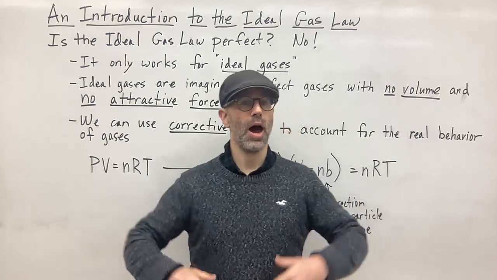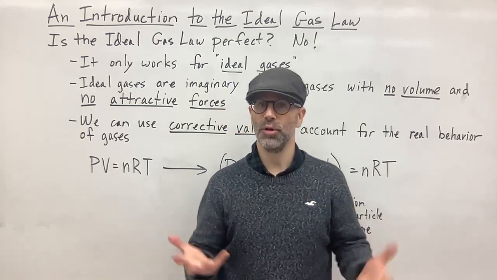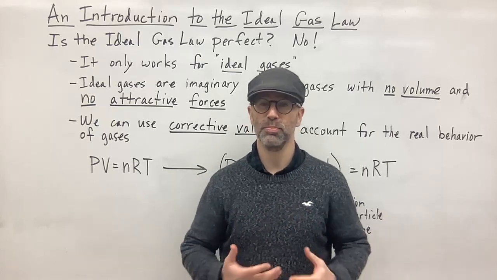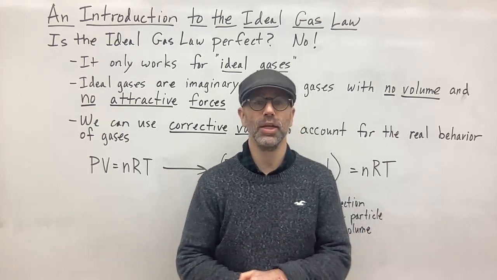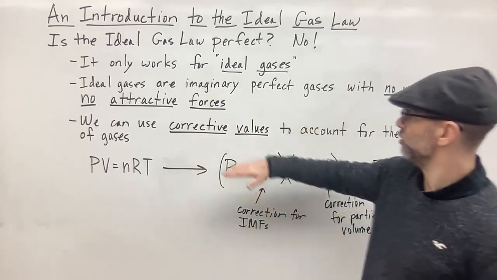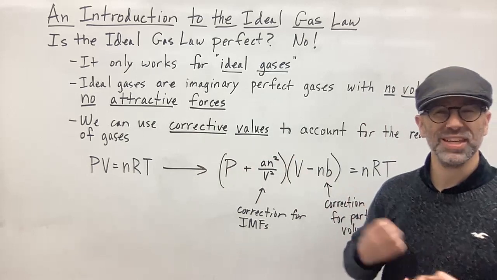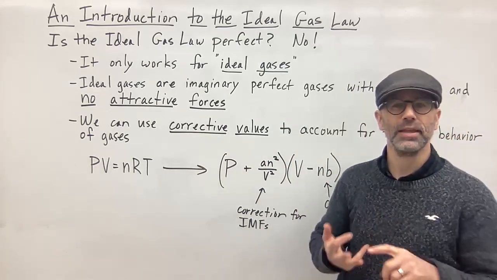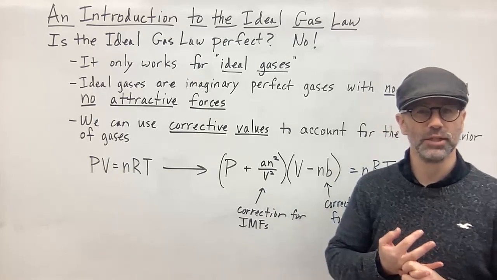To account for these sorts of things, if we want our ideal gas law to work more like a real gas law, we can use what are called correction values to account for the volume of particles and the intermolecular attractive forces.